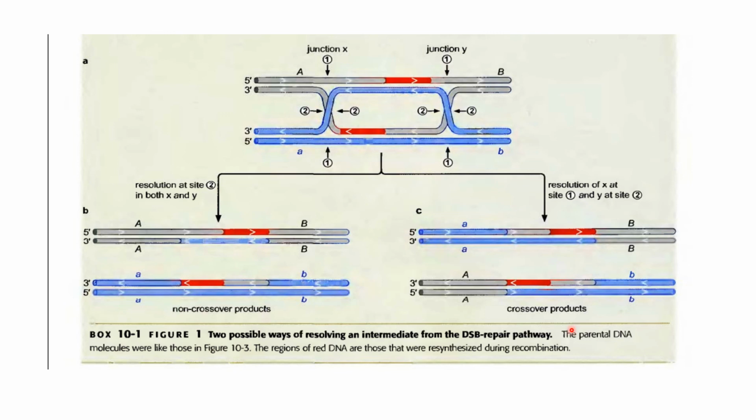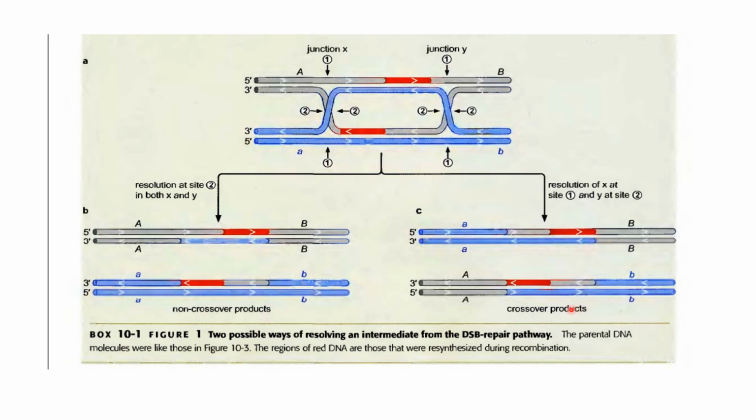But if you look at these chromosomes, which are formed by the resolution at X side by the vertical cutting, whereas at the other side by horizontal cutting, then you will find that here the capital B, I mean the gray color, is now with the blue color, that is the small a is with capital B and capital A is with small b. So this is nothing but the crossover product, isn't it?